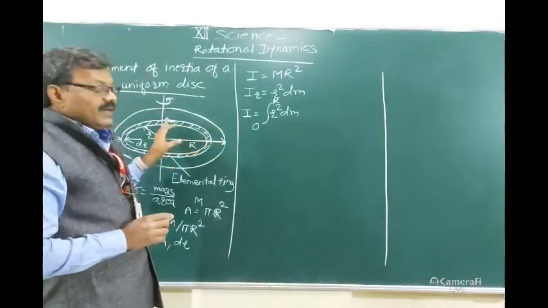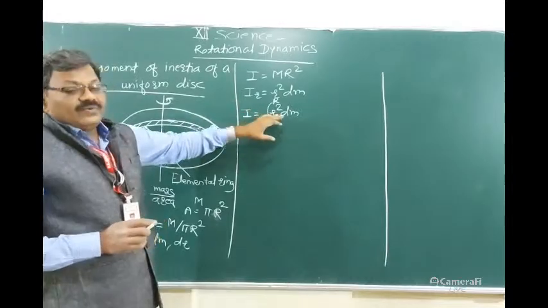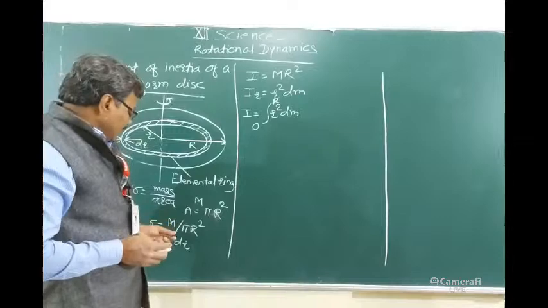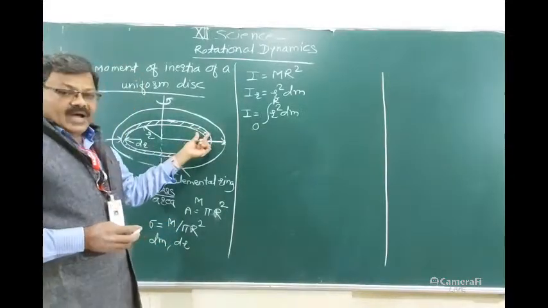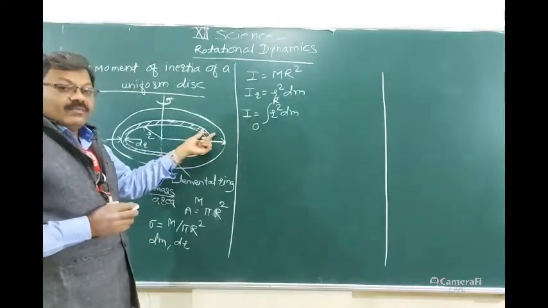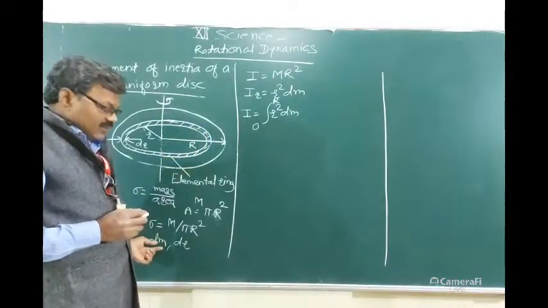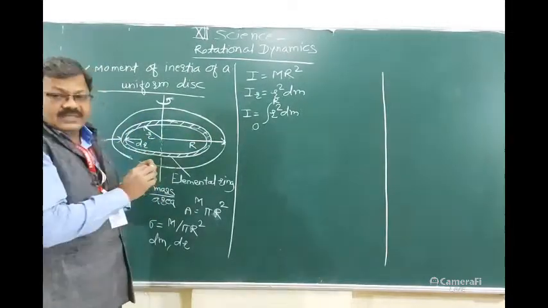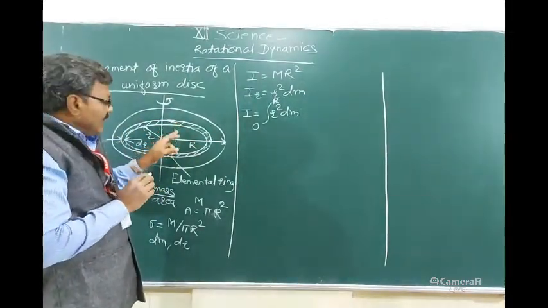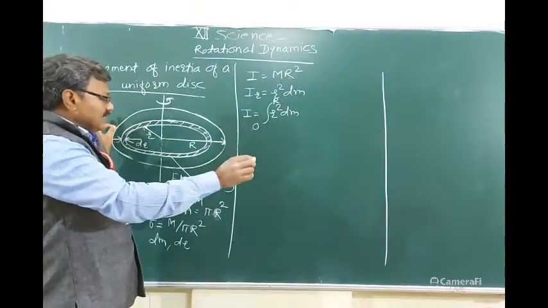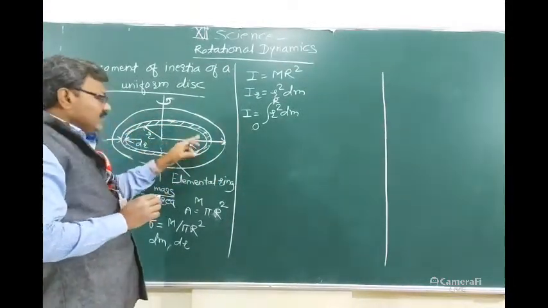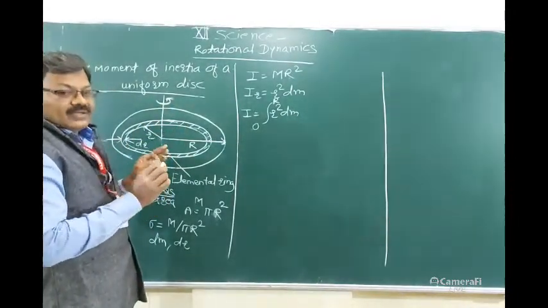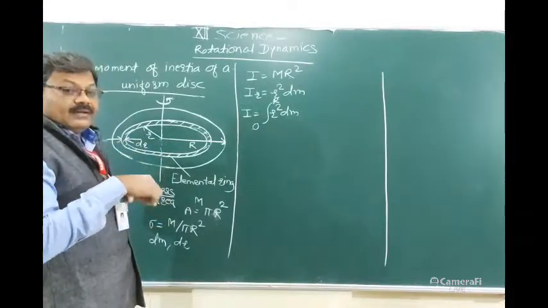Now we have to substitute the value of dm in this equation. dm is the mass of this small element, the mass of the ring, and its width is dr. When we cut this ring at any position and stretch it, the circumference becomes the length, while dr is the breadth.